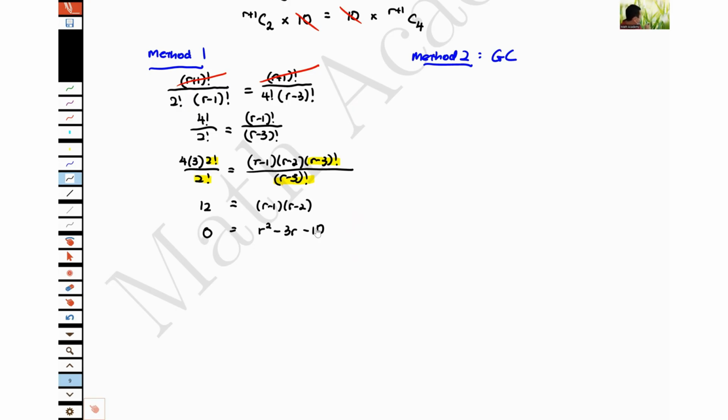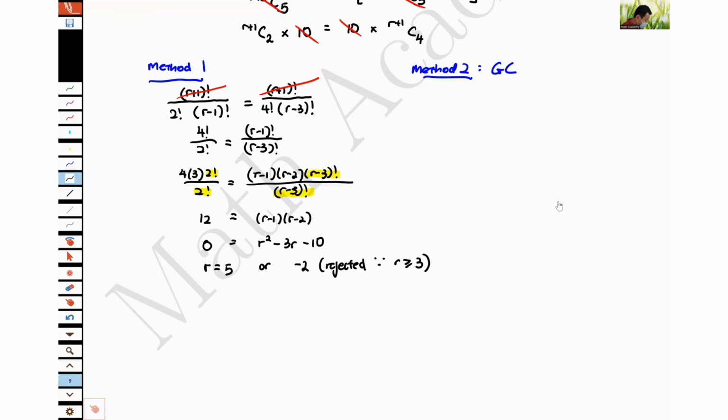The yellow terms are cancelling each other out, top and bottom. So when we solve, we will get r is 5 or minus 2, but this is rejected because the question on the first line mentioned r is at least 3. You need to understand this manual method without the graphing calculator in case they restrict the use of GC.